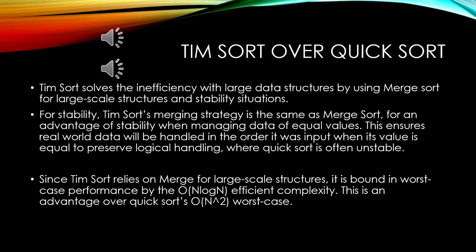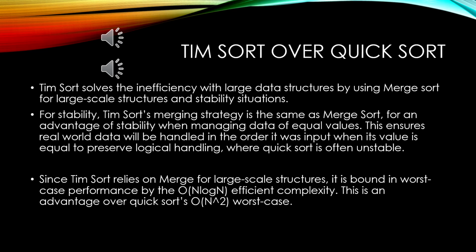This ensures that when values are equal, it will preserve the order in which they were input. This is referred to as stability, and it preserves the context of the data that's input, which immediately makes TimSort the better choice.